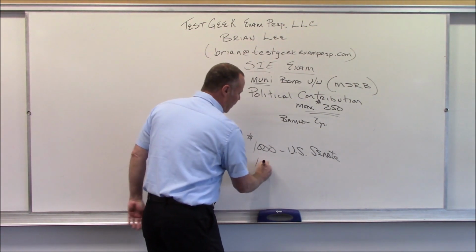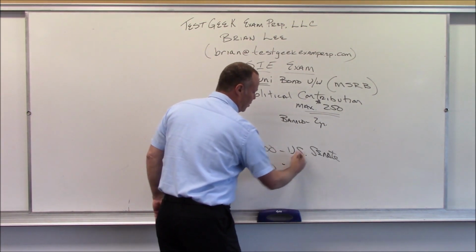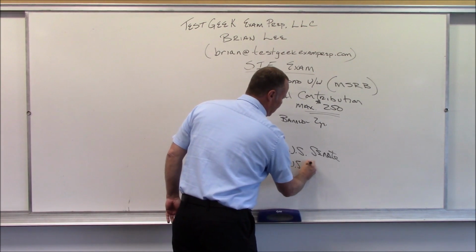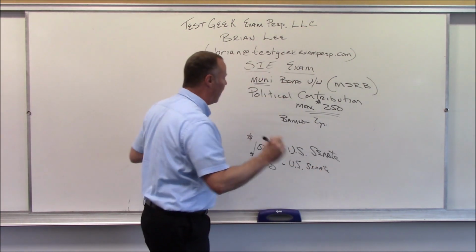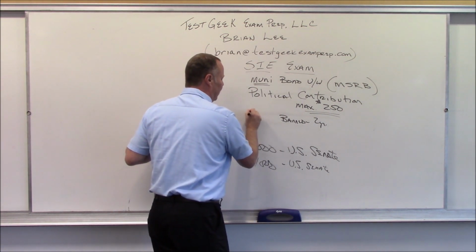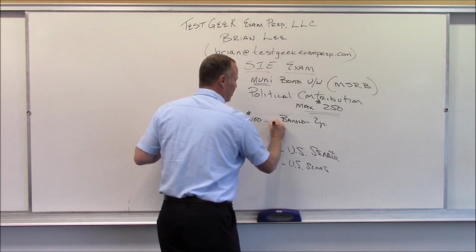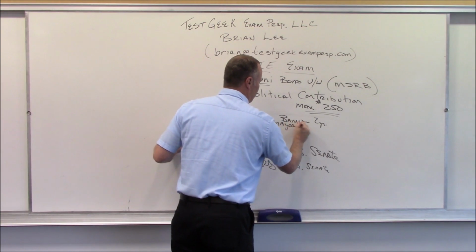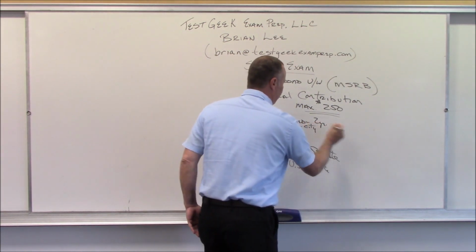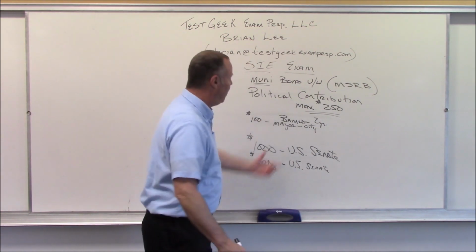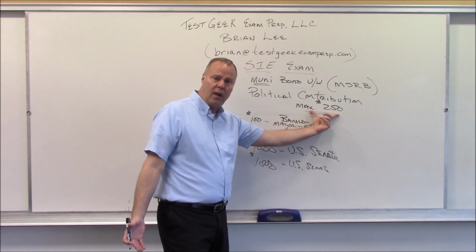Or, you know, some other political contribution to some other U.S. Senate, perhaps not in your state, or something really silly like that. Now, what if I gave a $100 political contribution to a mayor in the city in which I live? Okay? Well, that's within the $250.